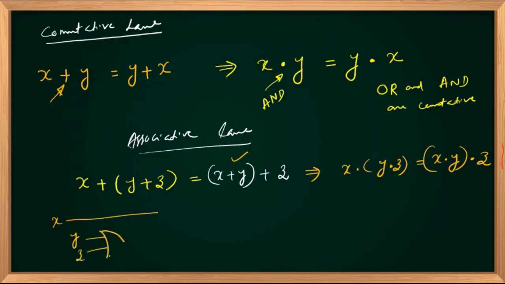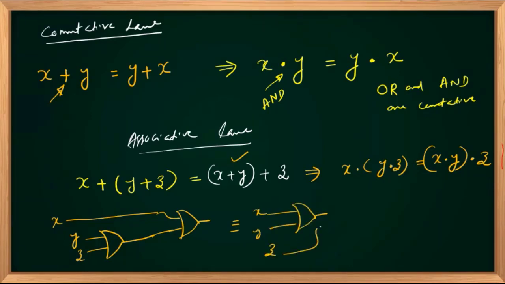This is my OR gate. Logic gates we will study in detail. That connection is the same as taking the OR of x and y first, then followed by z. So three input OR operation and three input AND operation are associative.